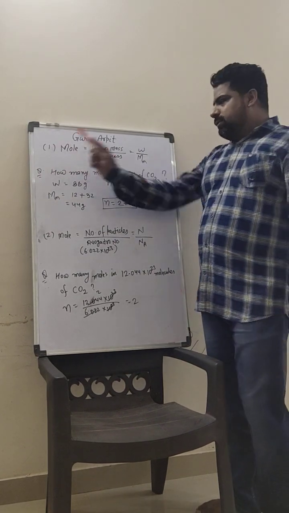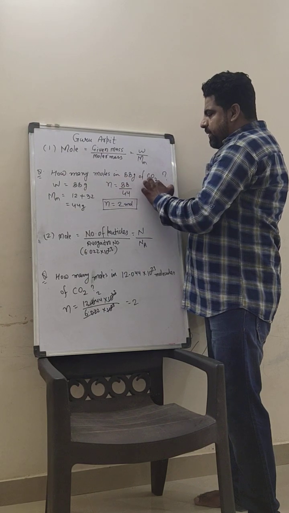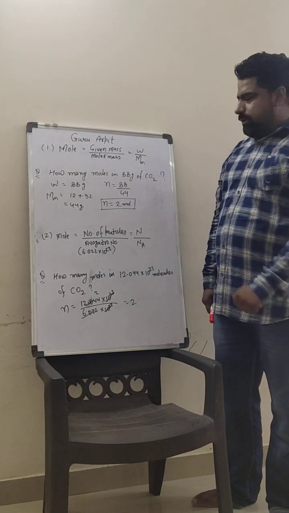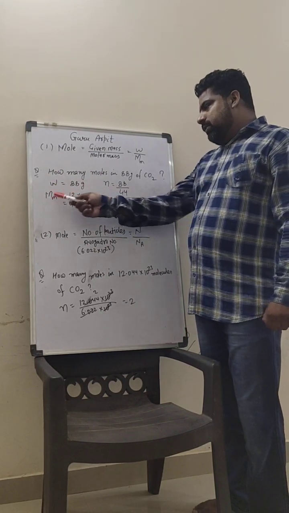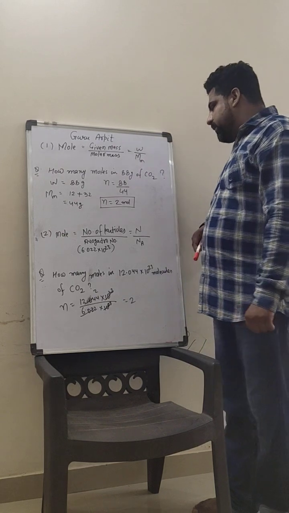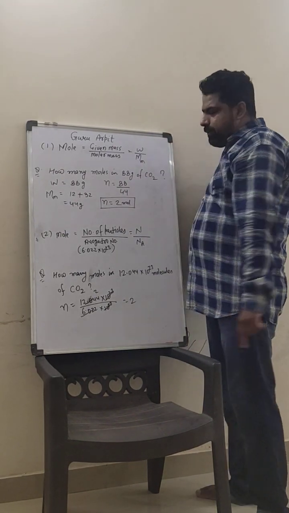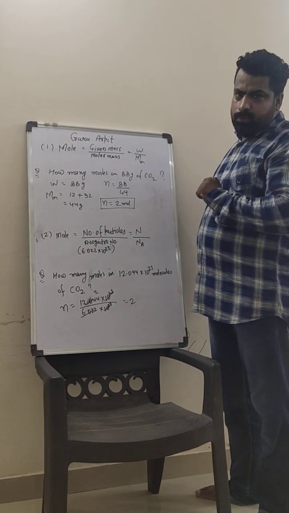So we have one question that you see on the blackboard: how many moles in 88 gram of carbon dioxide? You have 88 gram of carbon dioxide. This is the given mass, and the molar mass you will find using the AMU units: carbon is 12, one oxygen atom is 16, and the 2 oxygen atoms are 32 gram.